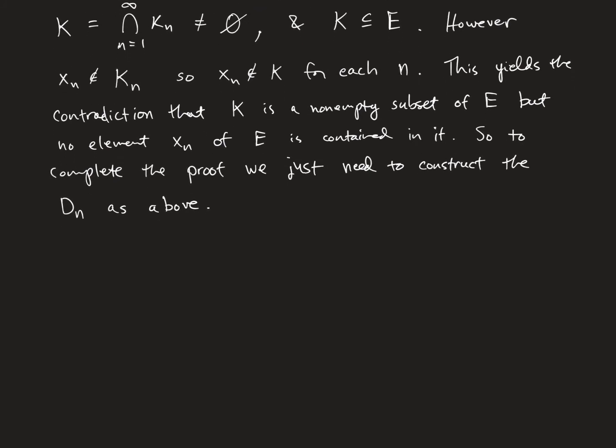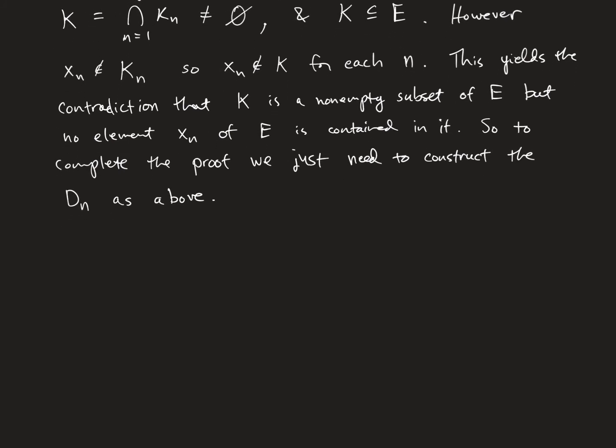Okay, so the first step is easy. The main thing about these disks is that Dn has to avoid xn. So if we imagine we have x1 here and x2 here, we want to create some disk that avoids x1. What we can do is simply make a disk around x2 of radius the distance between x1 and x2, cut in half.